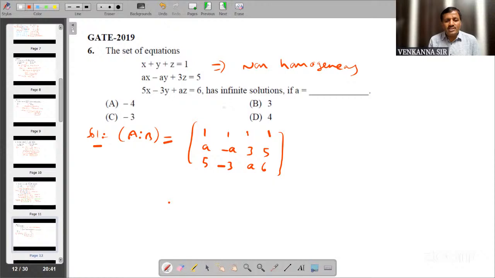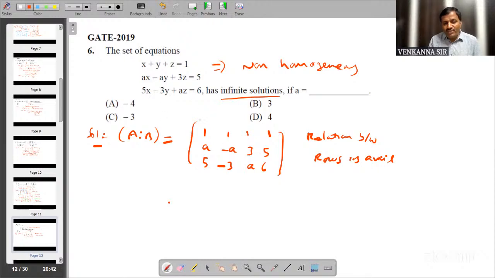What is the question asking? Infinite number of solutions. One thing you remember: for infinite number of solutions, you will find a relation between the rows. If there is an infinite number of solutions, you will find the relation between the rows.